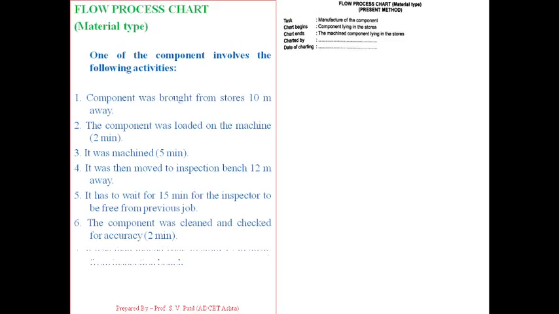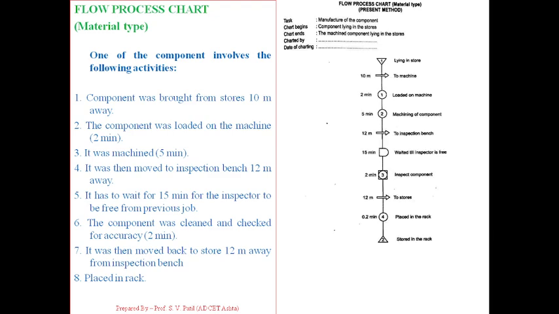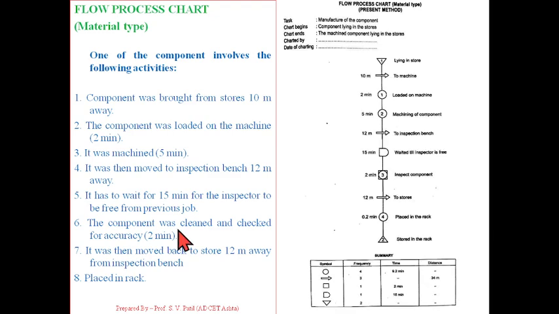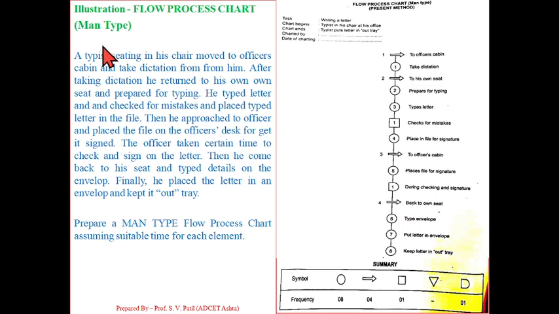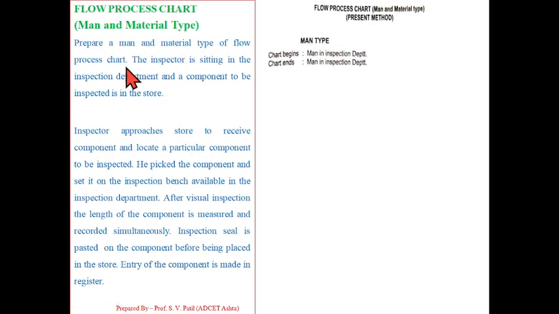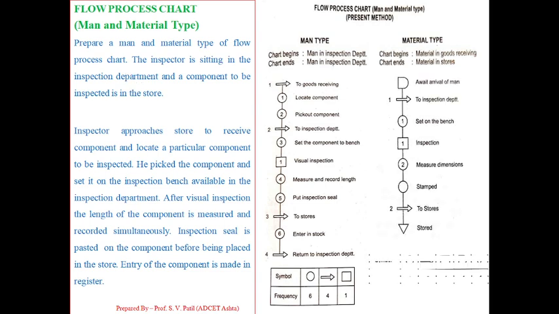After that, we discussed the flow process chart of the material type. So refer to the activities, identify the events, use the appropriate symbols, and prepare the charts. Then there is the man type. In the case of man type, the man who is performing the production activity is the clear focus. And the last one, the man and material type, where we are supposed to prepare two different charts, one for the man, other for the material.